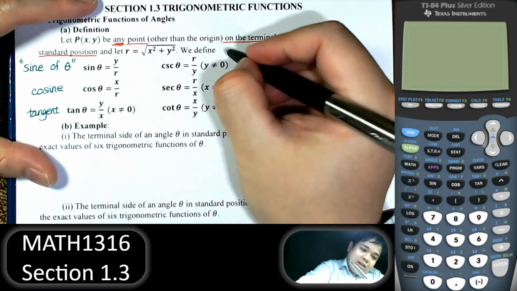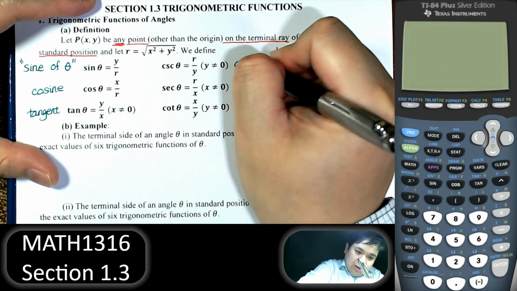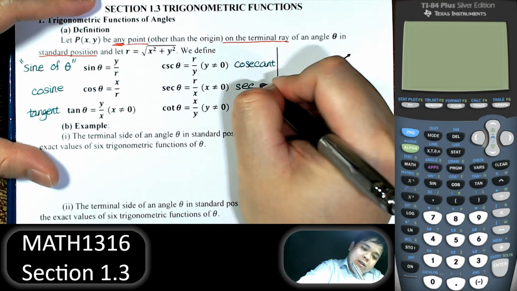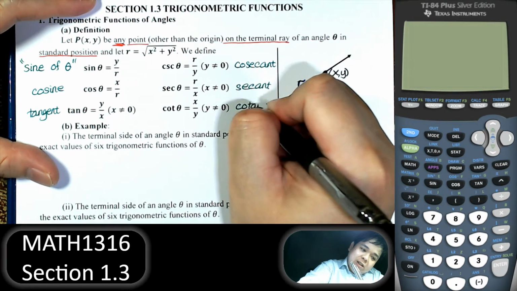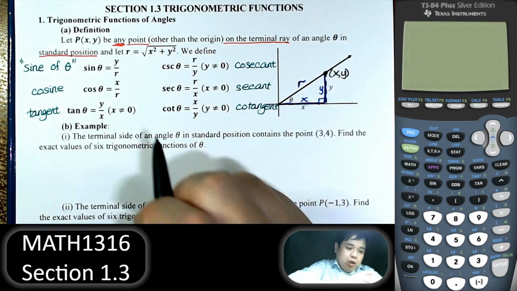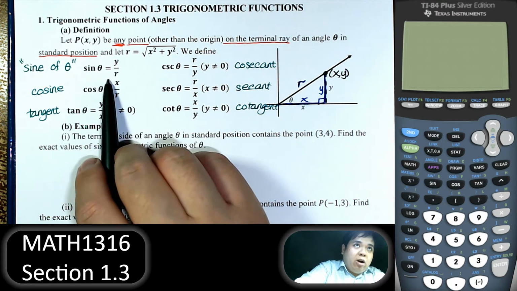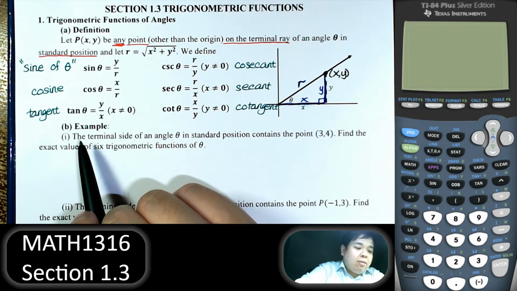Cosecant, secant, and then cotangent. We abbreviate using three letters. So sine is y over r, cosine is x over r, tangent is y over x.